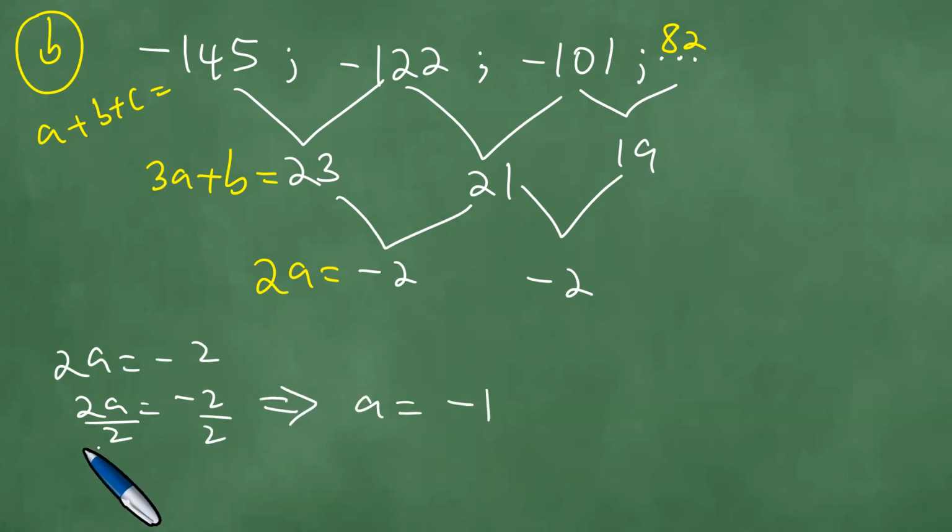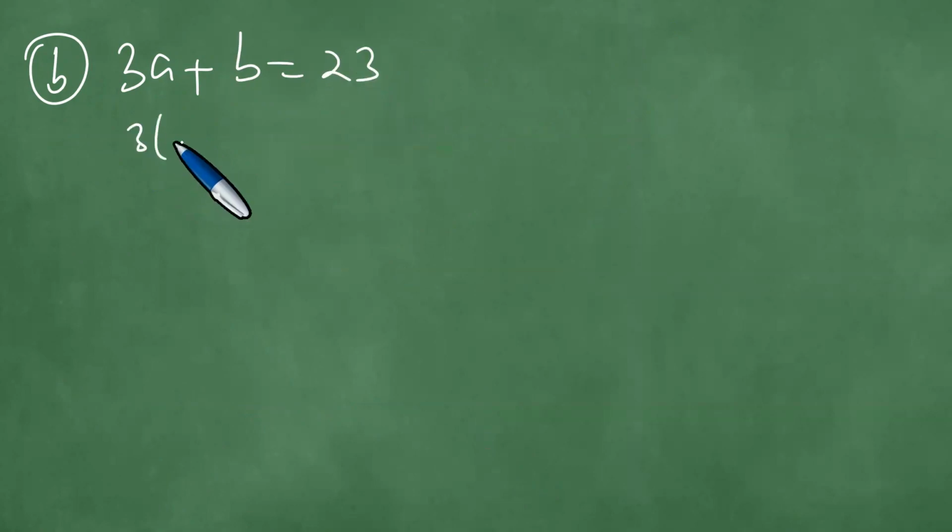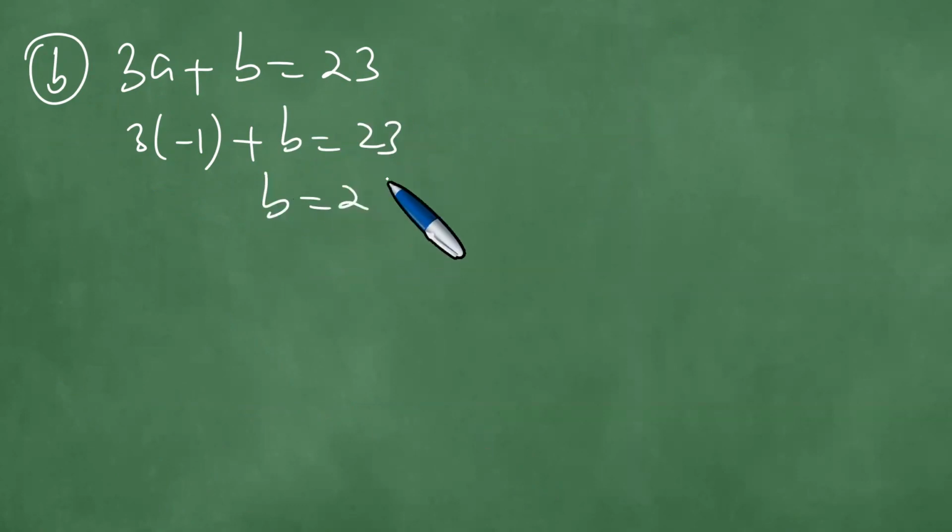So if that is the case, in part B, you have 3a plus b equals 23. With a equal to minus 1, that's minus 3 plus b equals 23, which means b equals 26. And then now you just have one more.